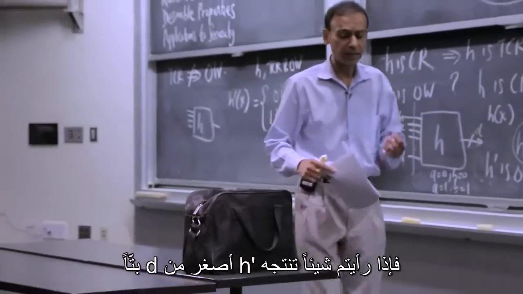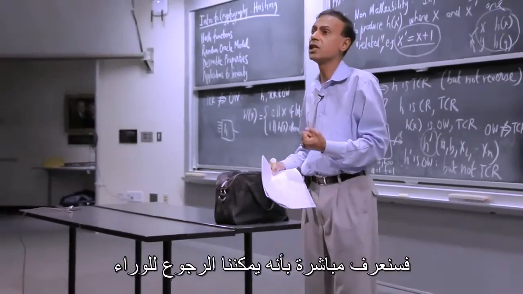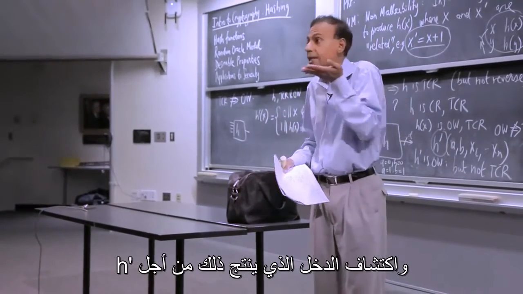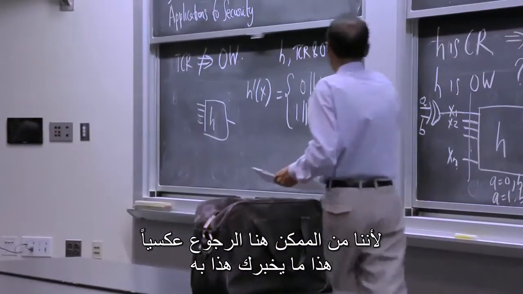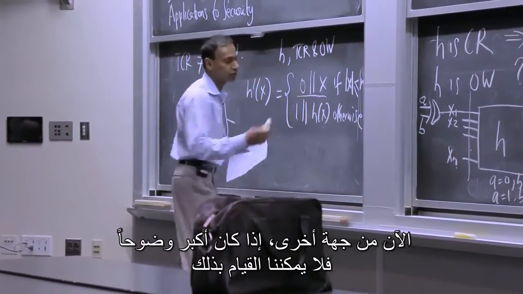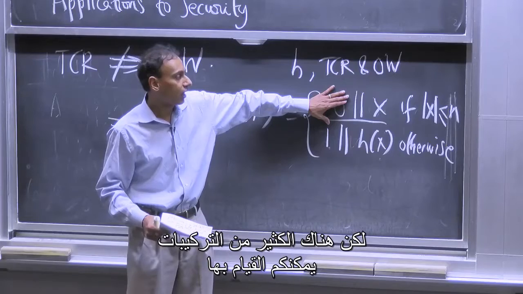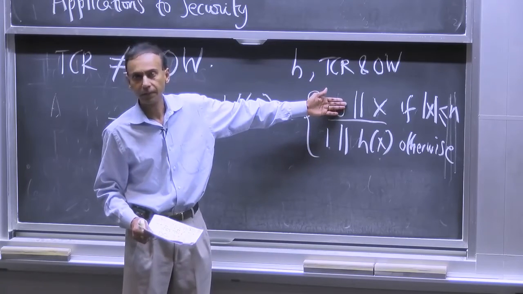If you see something that h prime produces that's less than d bits, you instantly know that you can go backwards and discover what input produced that for the h prime, right? Because you just go backwards. This is what it tells you. Now, on the other hand, if it's larger, obviously you can't do that, but there's a whole lot of combinations that you can do that for. So this breaks one-wayness. Okay.